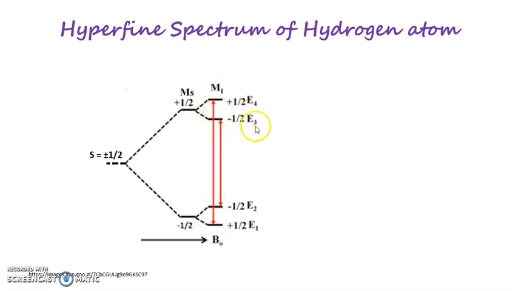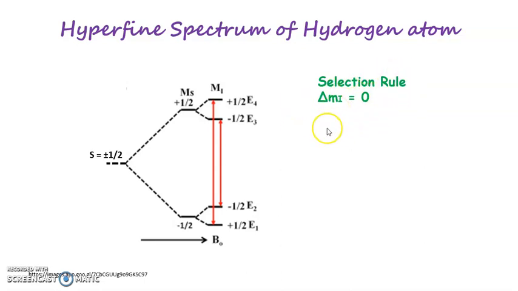But here also we can find only 2 lines. How does this happen? Here we have to focus on the selection rule for ESR transition, which states that the value of Mi should not change.